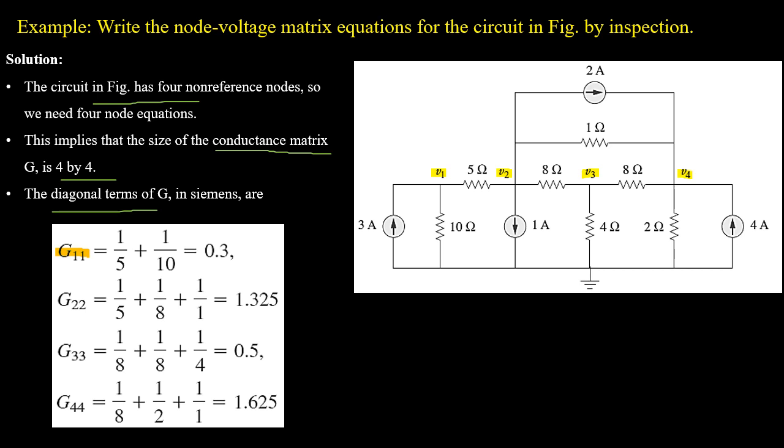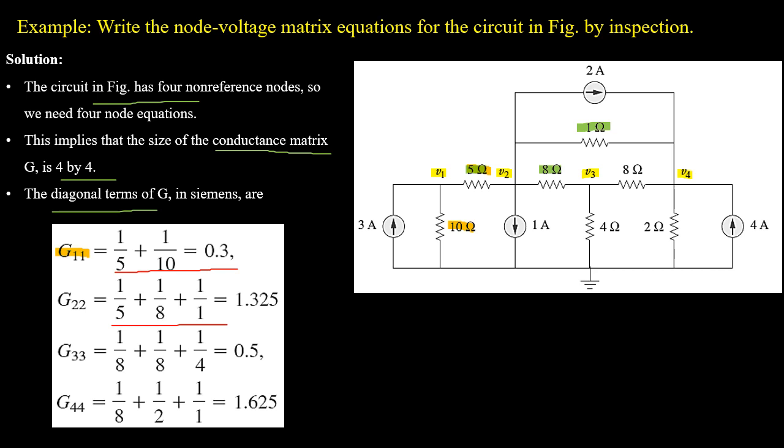With node V1, the resistances connected are 5 ohm and 10 ohm. So G11 will be equal to 1 over 5 plus 1 over 10, and this gives us a value of 0.3. Similarly, with node 2, the resistors connected are of value 5 ohm, 8 ohm and 1 ohm.